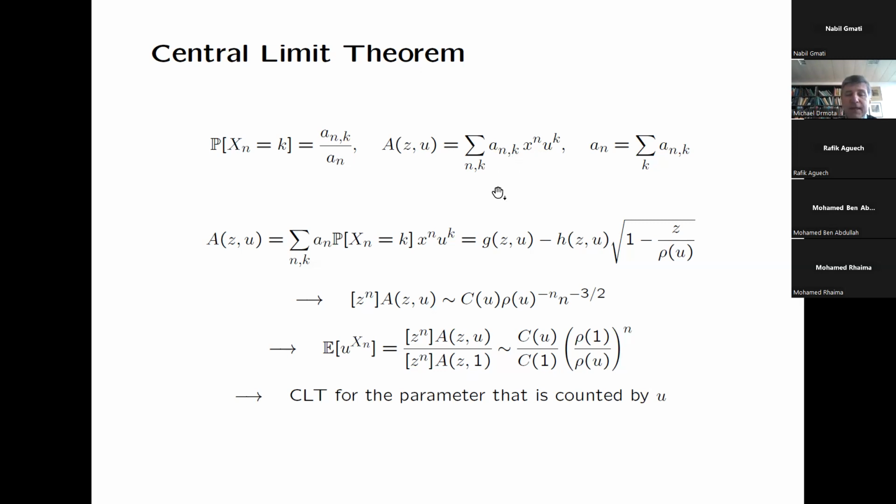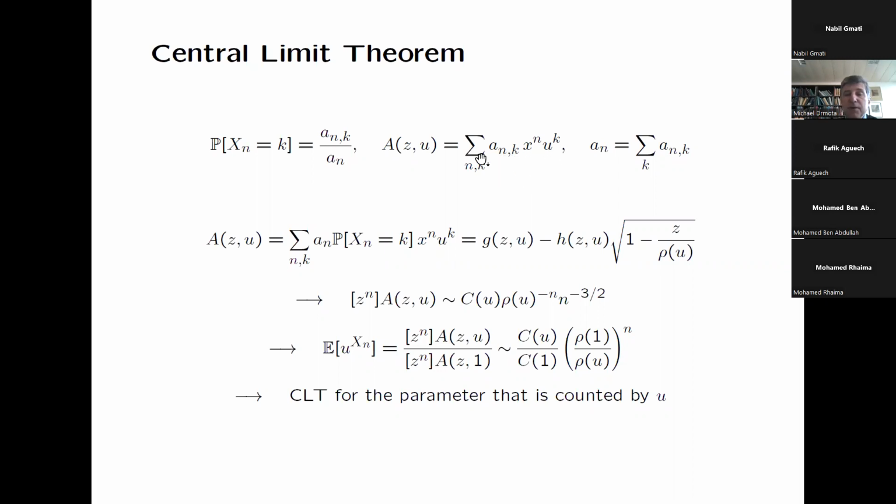And if you assume that this function in 2 variables has a square root singularity in the following sense, where u is considered as a parameter. So if you put u to 1, you just sum over all k, which means that you just get the counting generating function for the number of objects of size n. And of course, we have seen results of that before.